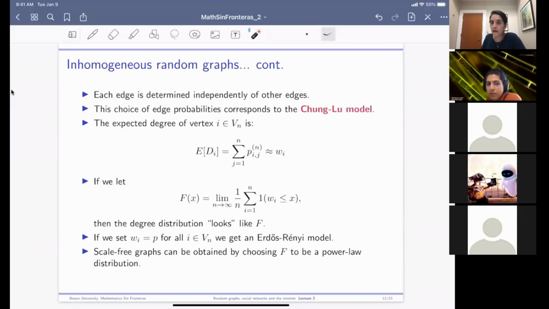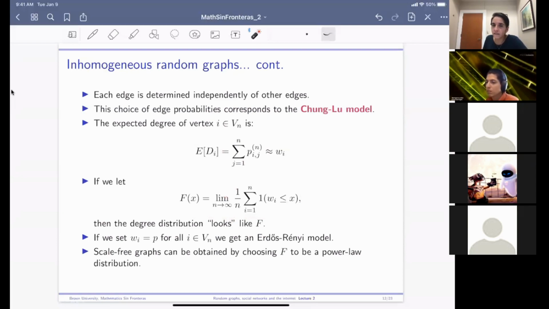Now you think, well, how can I choose the W_i's in a way that I can mimic what I see in the real world? Well, let's think about those W's also as a random variable. What I have on the right-hand side is the limiting empirical distribution of the weights.